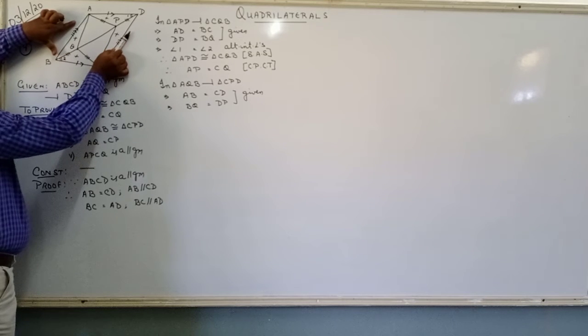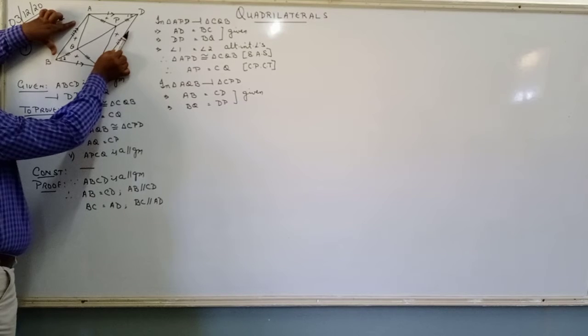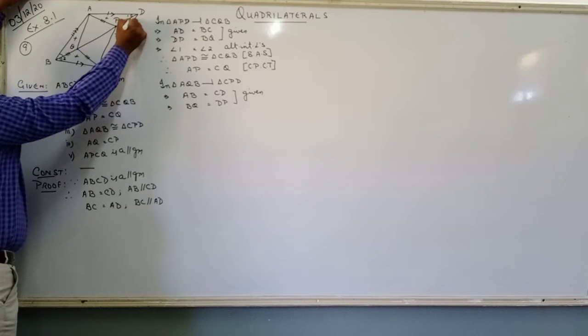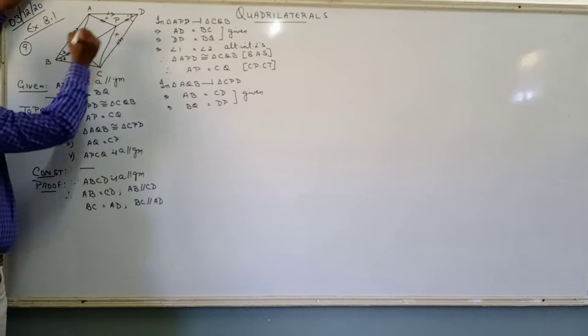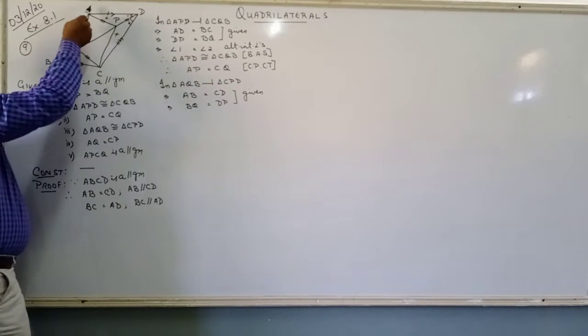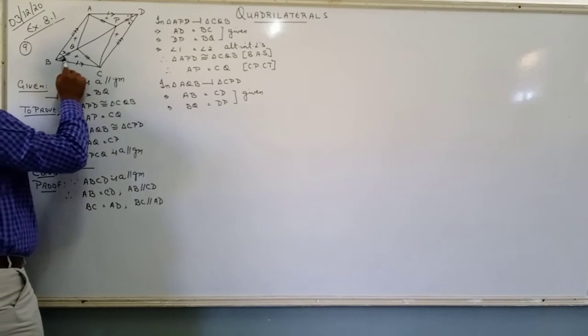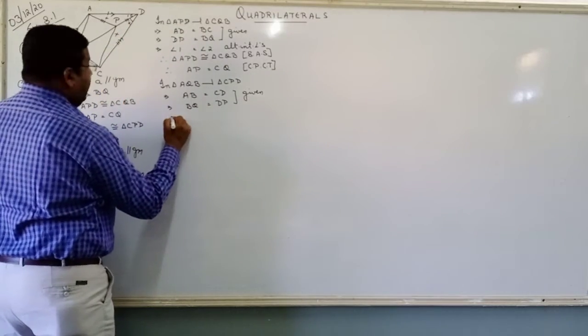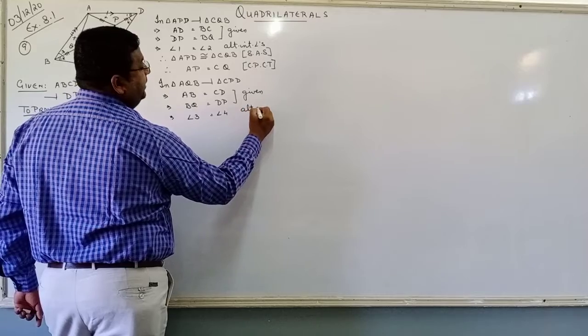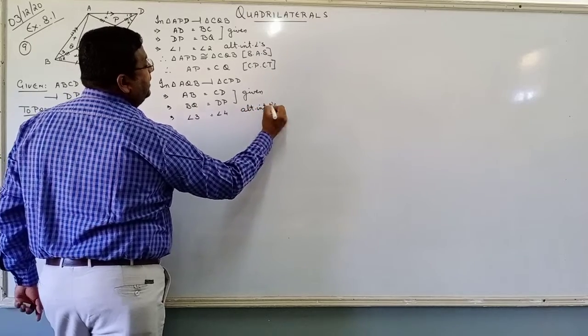Can you see that? Now, secondly, which angle? Can you see this angle equal to this angle? Angle number 3 equals angle number 4. Reason same: alternate interior angles. AB and CD are parallel lines and BD is a transversal. Angle 3 is equal to angle 4, alternate interior angles.